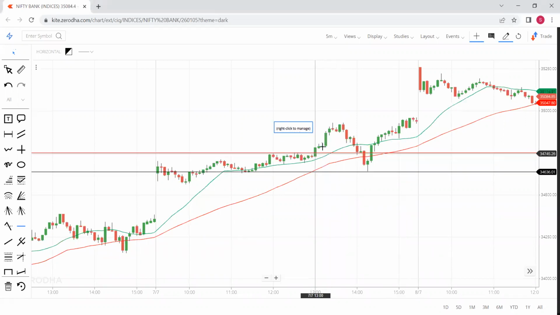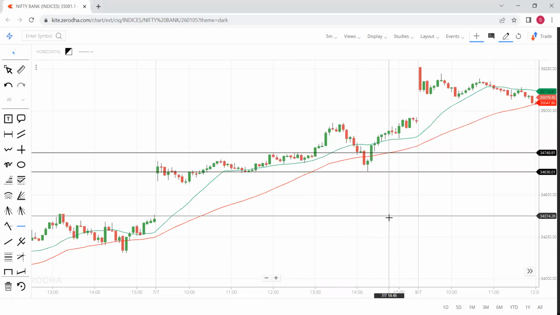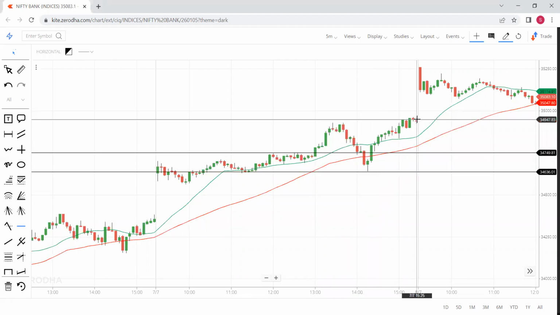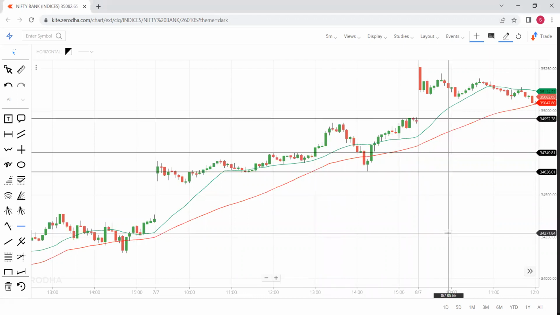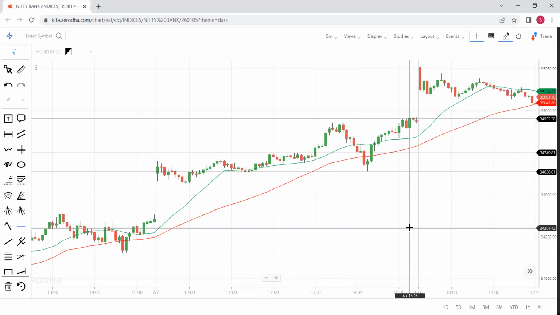You can see the price has risen up to almost 200 points and came down. And if you are lucky enough, your stop loss wouldn't have been hit, and you have reached exactly around 200 points. The stop loss is around 120 points, and the target is 200 points. This is how you could have made money in this particular scenario.